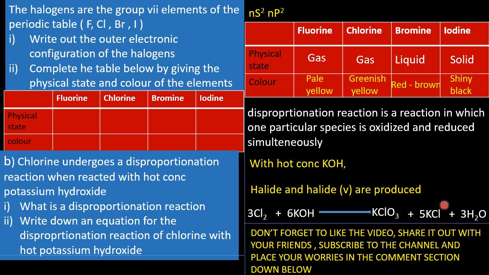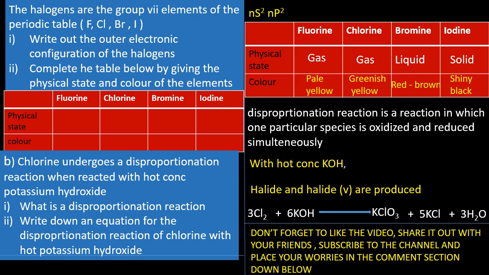Then this is the oxo halide, of course, plus water. Good. So guys, this is what we expect to have. Then guys, for cold potassium hydroxide, we have halide and halite 1 which are produced. So we will no longer have this 2 here again, and we won't have the 3.